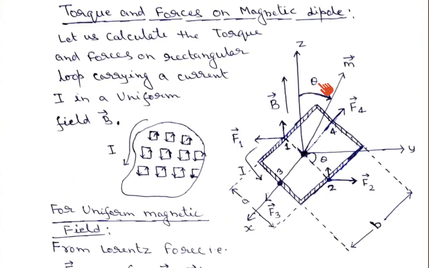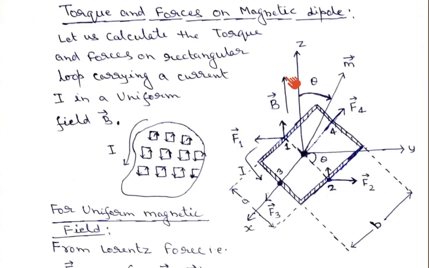Let us say a uniform magnetic field is present, and this uniform magnetic field is along the z axis. The magnetic field may be uniform or it may be non-uniform. If the magnetic field is uniform, it is along the z axis.